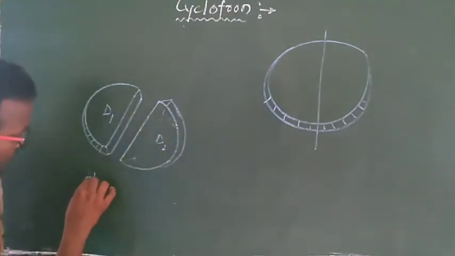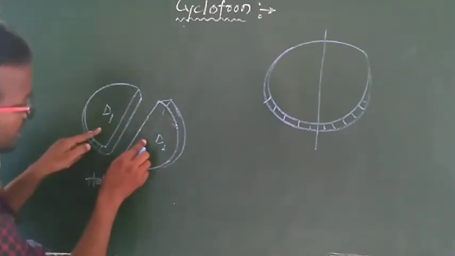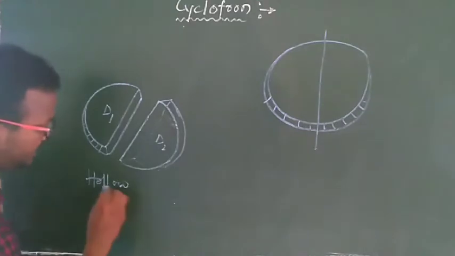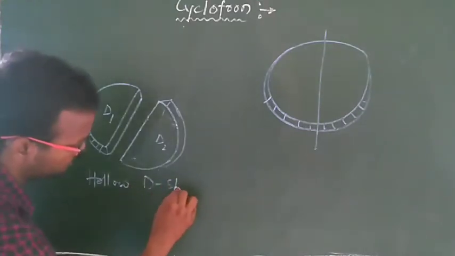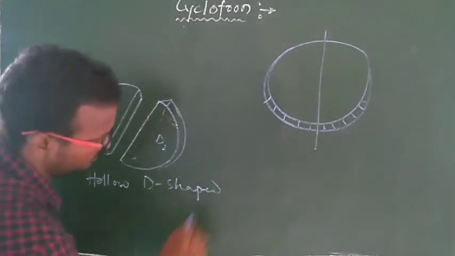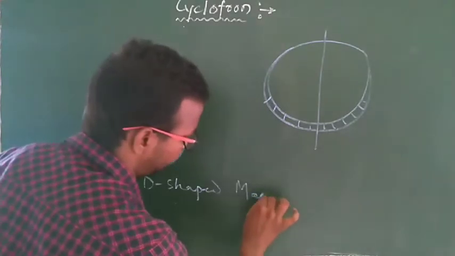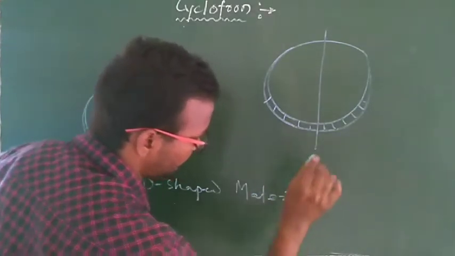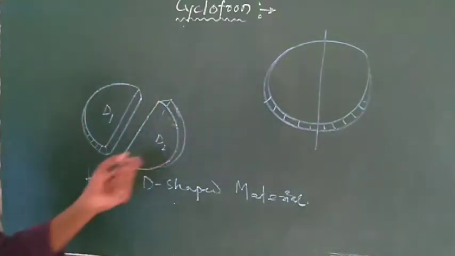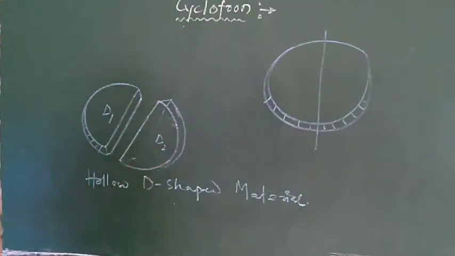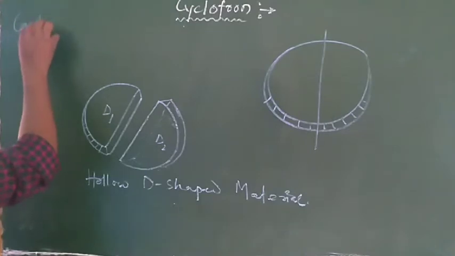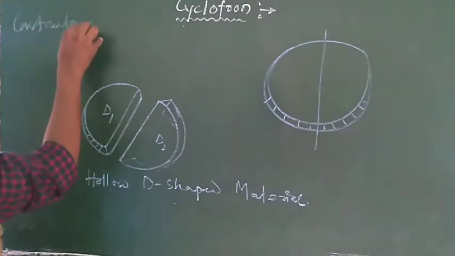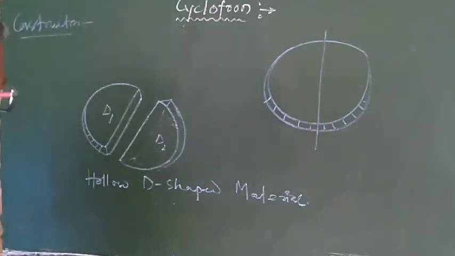These are two hollow D-shaped, highly conducting materials for construction. Clear? Okay.